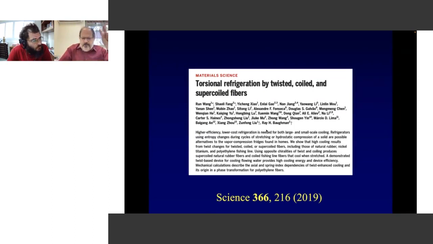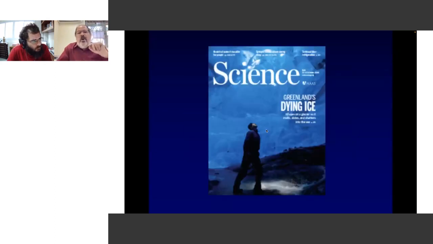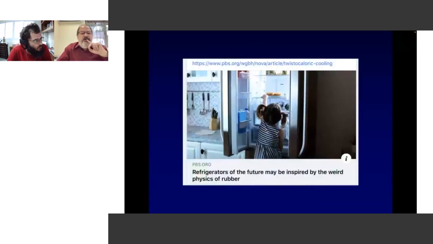Polyethylene crystal has two phases, and these phases have different entropy values. Okay, this was a cover, and there was a news on the PBS that the refrigerator of the future may be inspired by the weird physical problem.